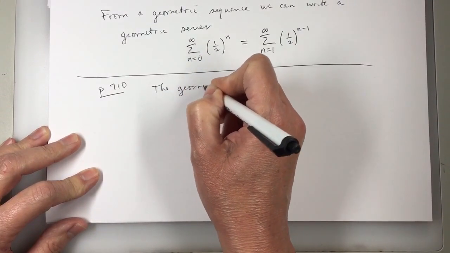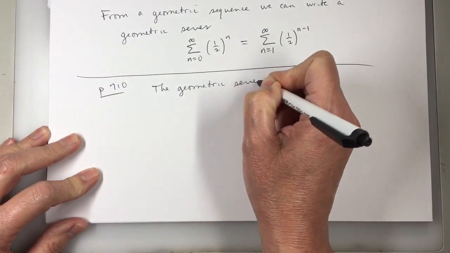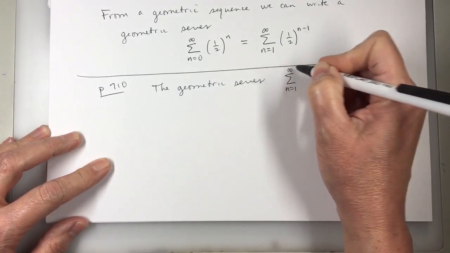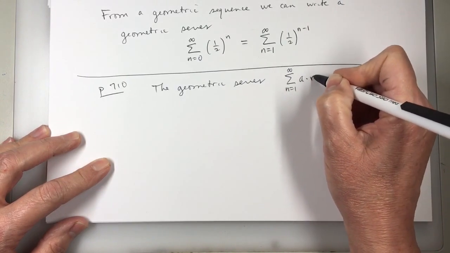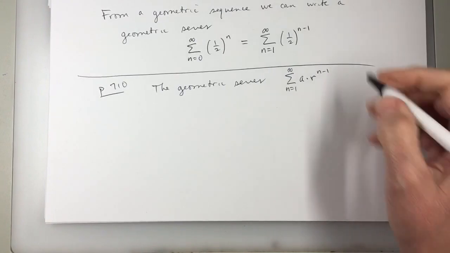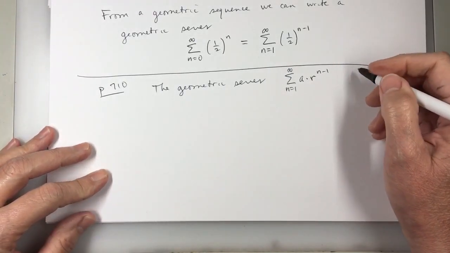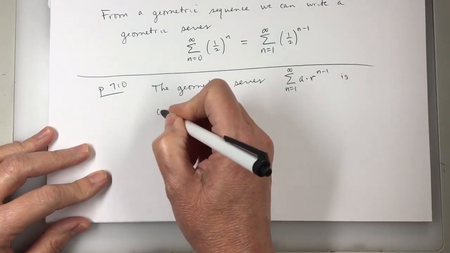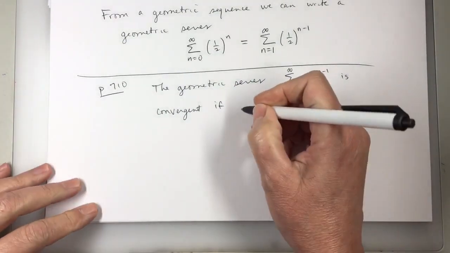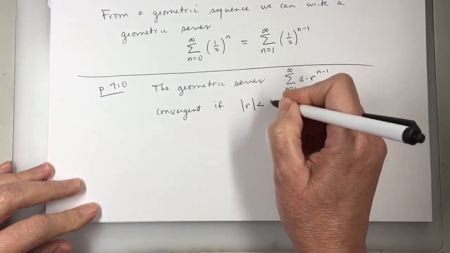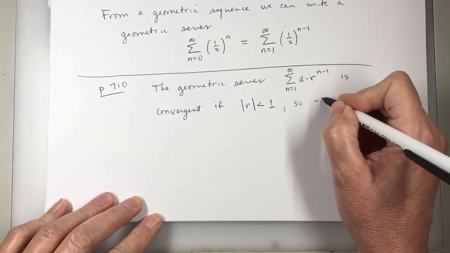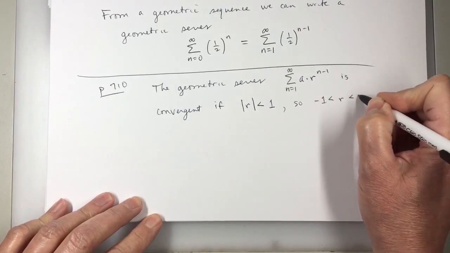The geometric series, the sum as n goes from 1 to infinity of a times r to the n minus 1, is convergent if the absolute value of r is less than 1. So I would say this: -1 is less than r is less than 1.